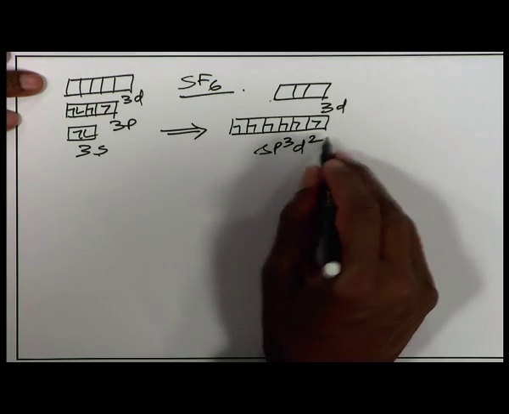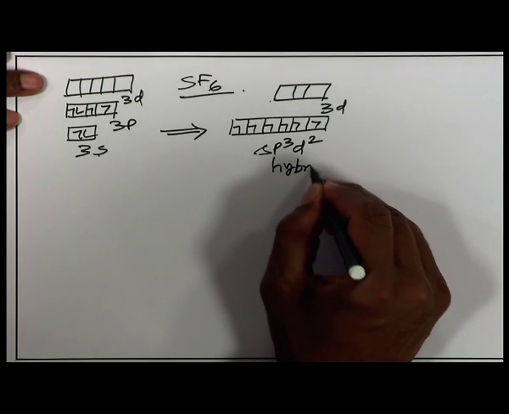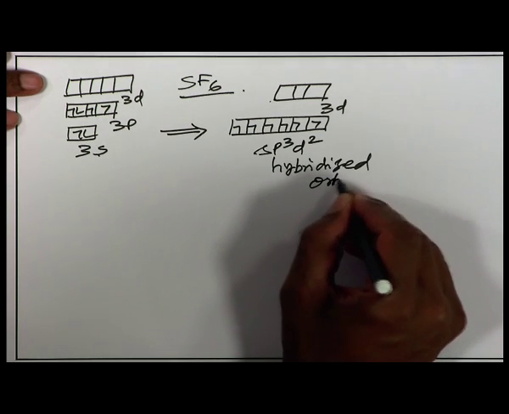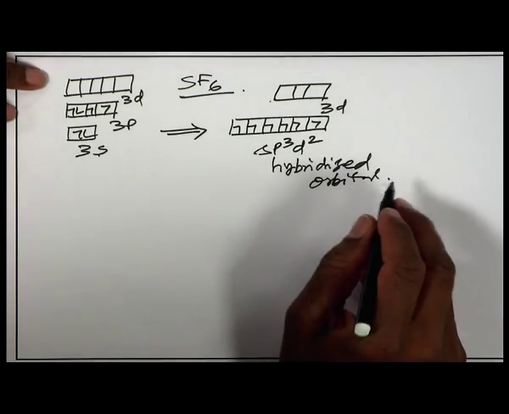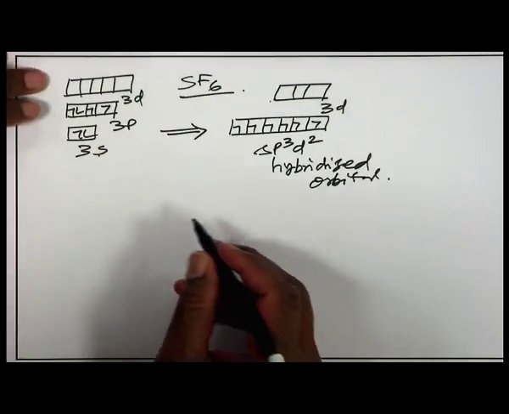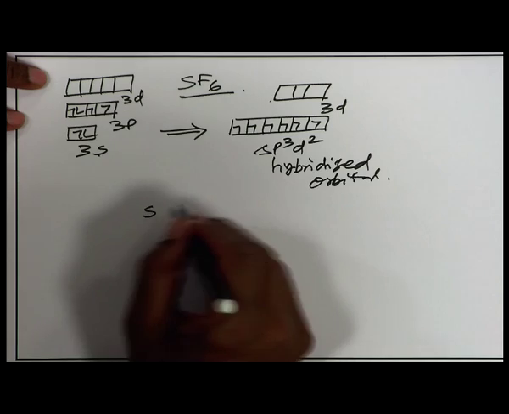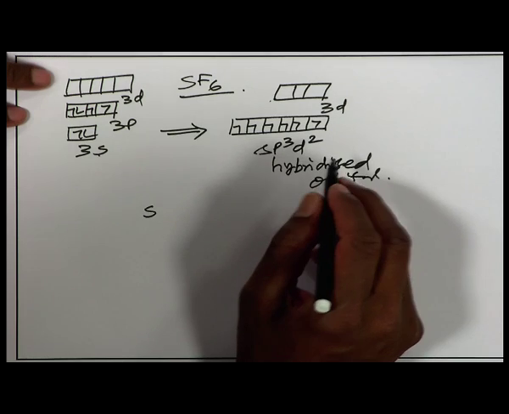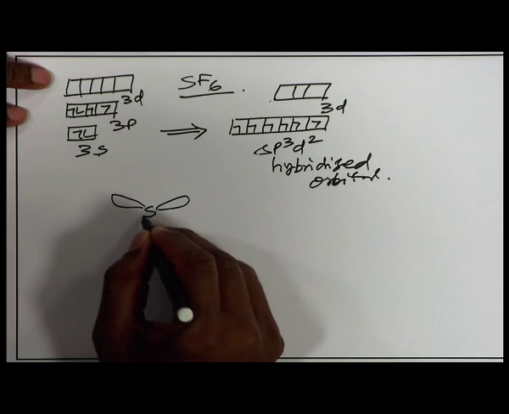So, you have sp3d2 hybridized orbitals, which are ready for forming bonds with fluorines. The structure is like that. You have a central sulfur, and because there are 6 orbitals, the expected geometry is octahedral. You can draw the structure like this.